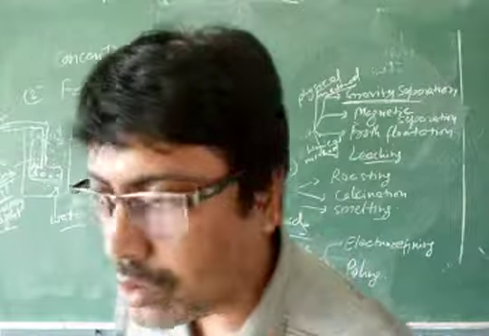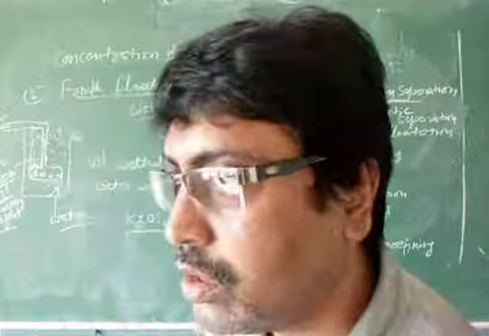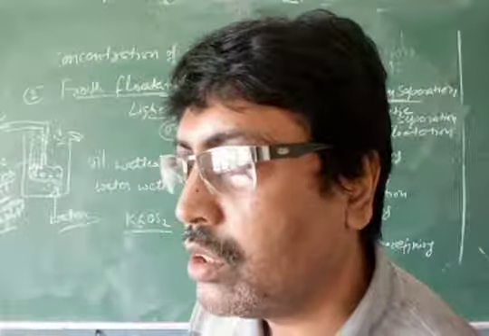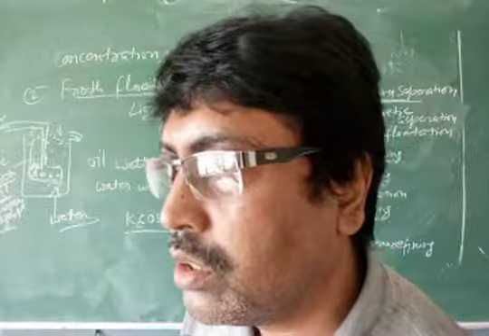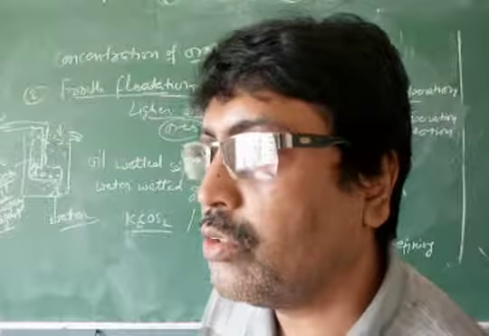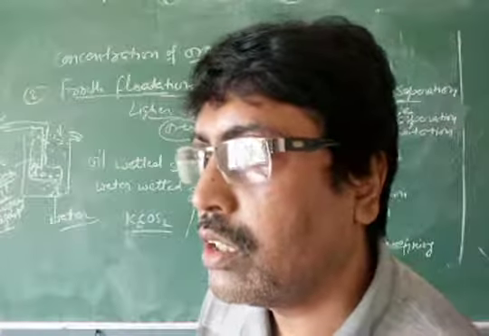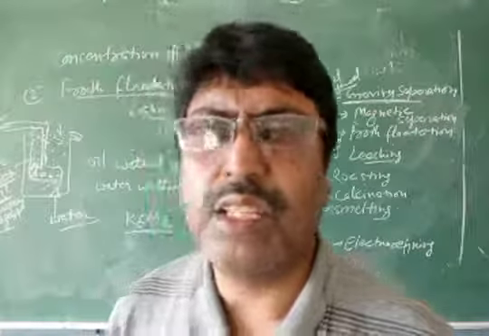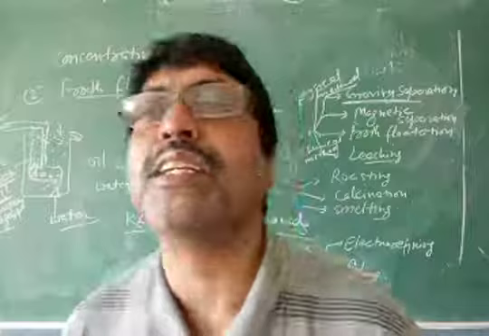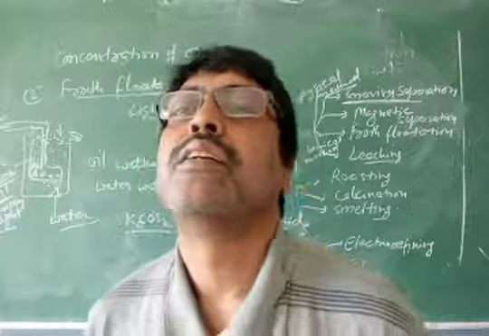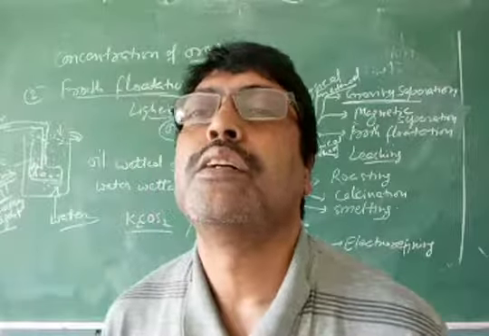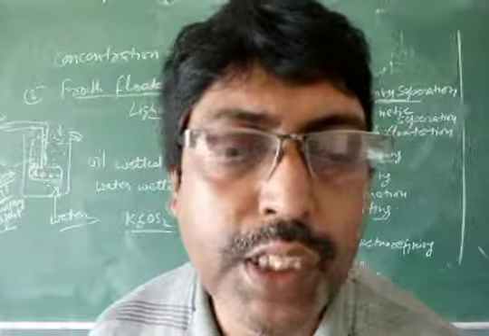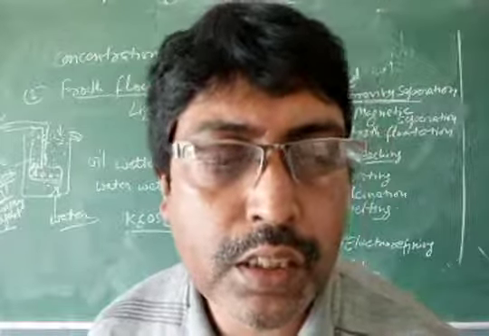Sir, beaker, it means in which oil wetted and water wetted both are mixed. I mean, beaker. Yes, sir. Actually, I don't understand what you are saying. He says beaker. WEAKER or BEAKER?